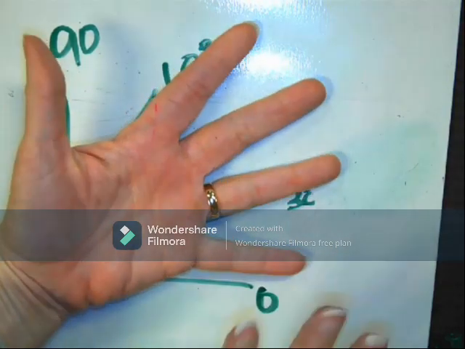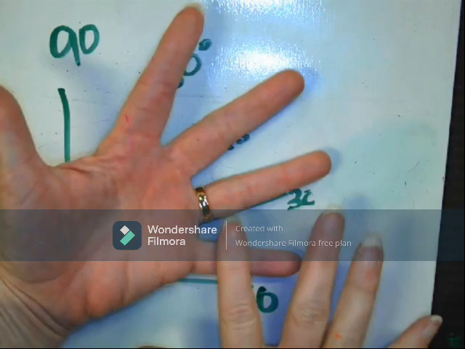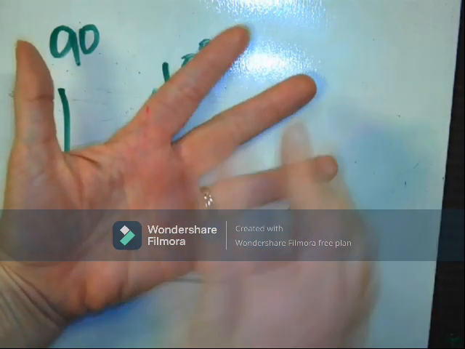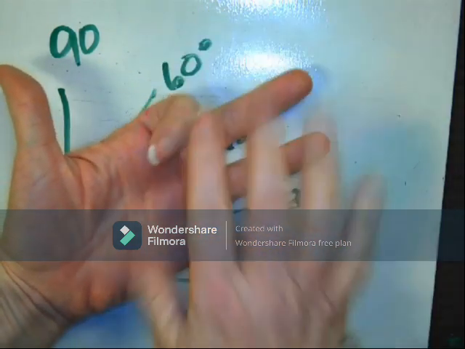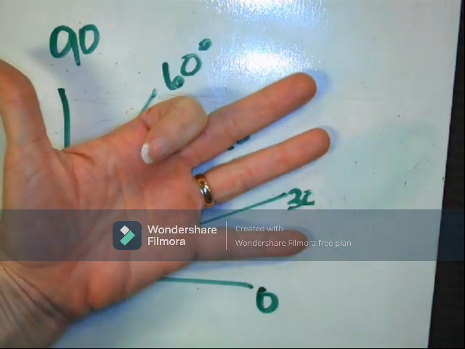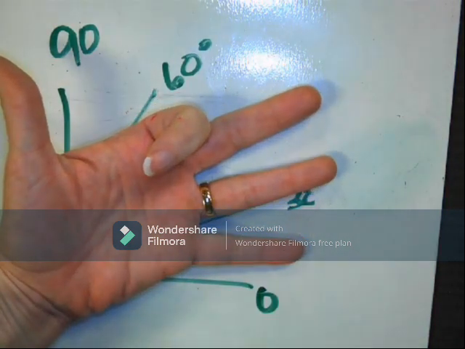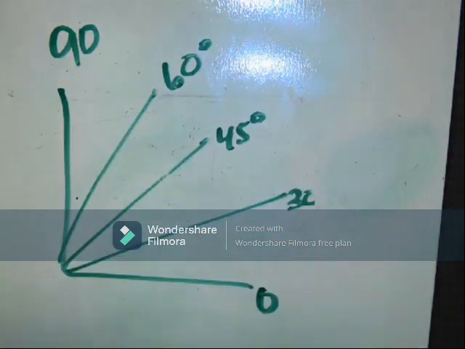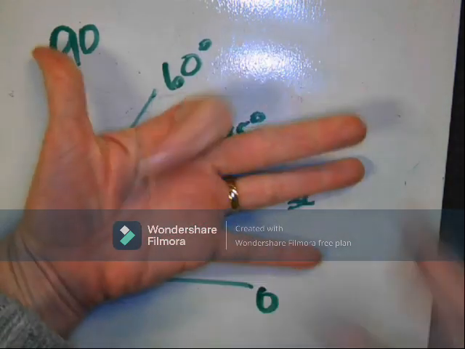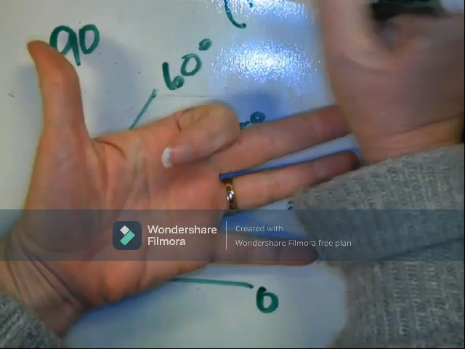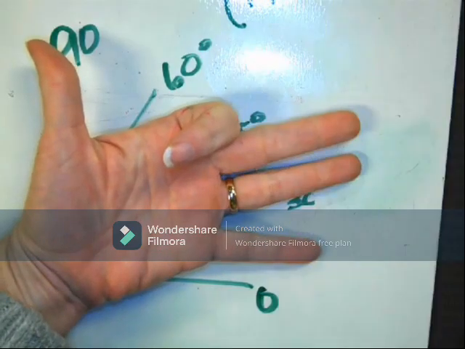So if I wanted to know the ordered pair at 60 degrees, I'm going to fold in the 60 finger. And that leaves me with 1 finger on top and 3 fingers on bottom. So I'm going to write down in order a 1 and a 3 as my ordered pair.